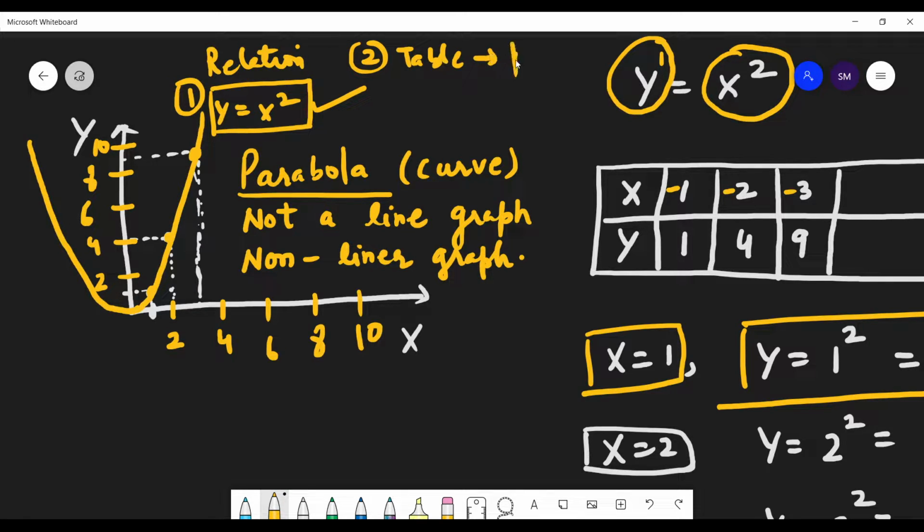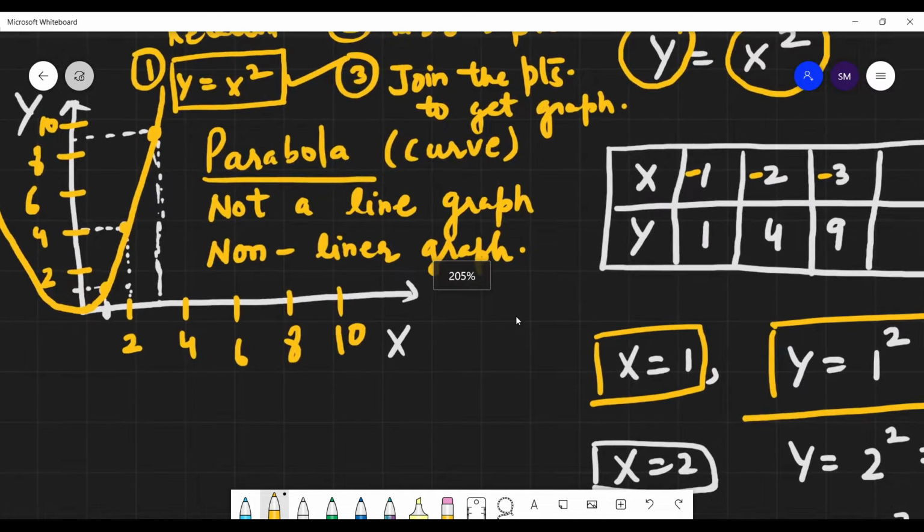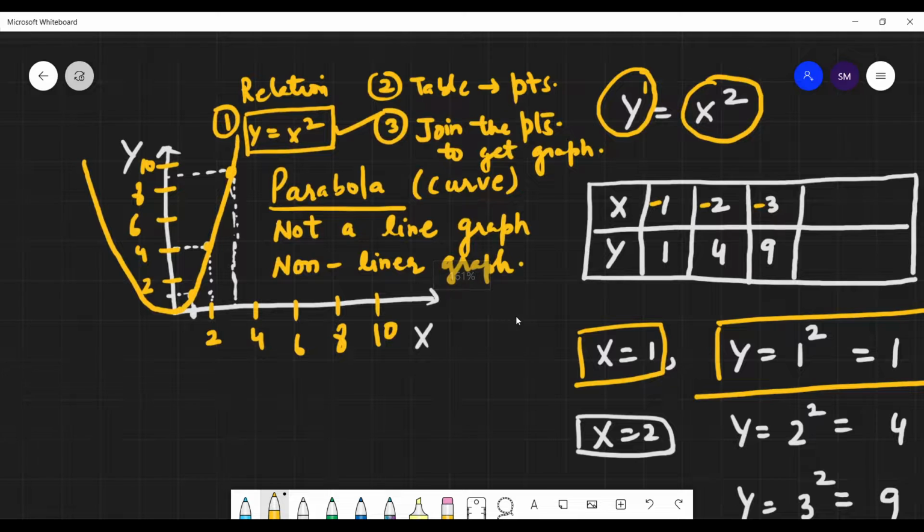Table will give you the points. And the third step is join the points to get the graph. So these are the 3 steps how to draw a graph. Okay? Got it?